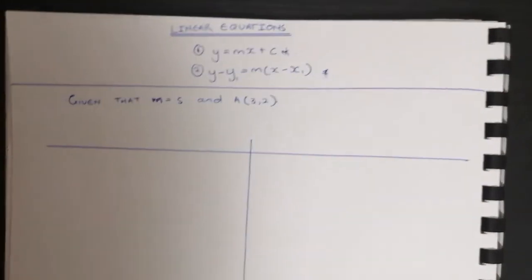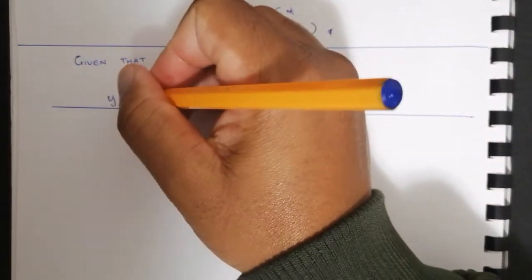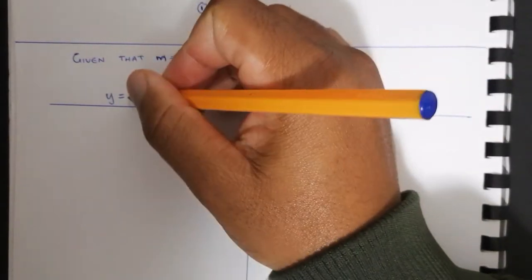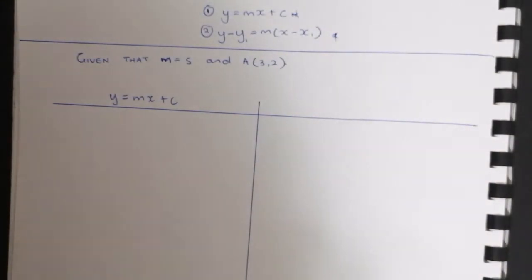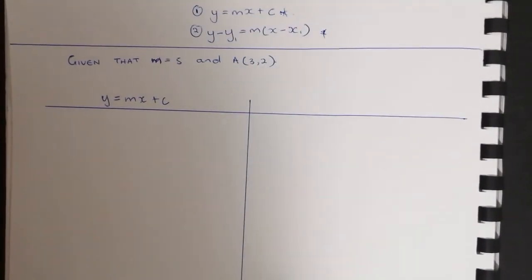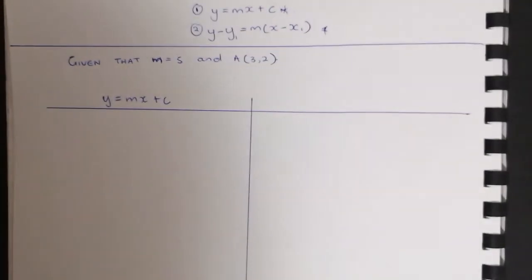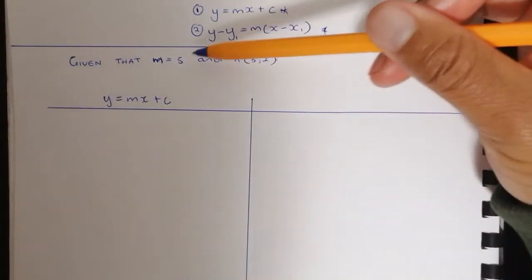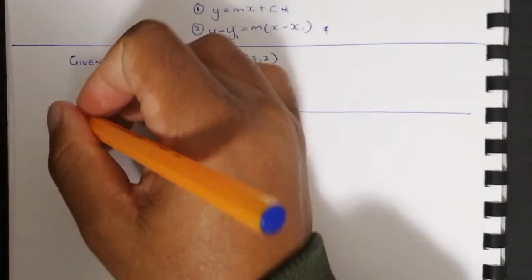For number one, we're going to use the formula y equals mx plus c. Firstly, we're going to substitute the gradient into this formula.